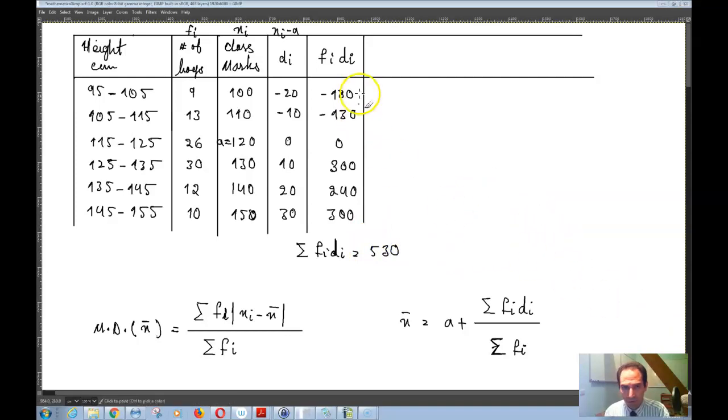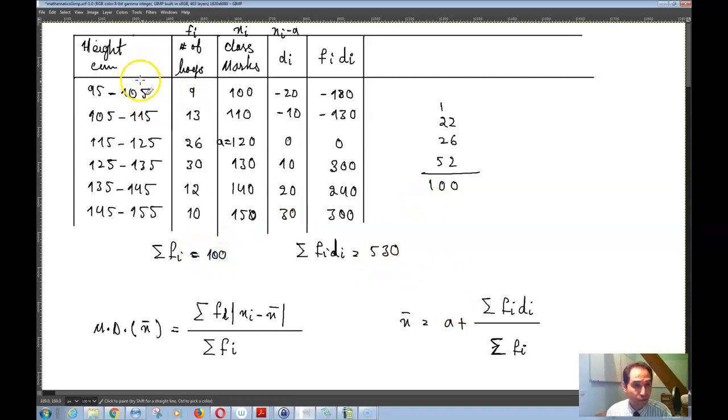Meaning if you add all of these numbers together, you will get 530. And so sigma f of i, which is this column over here, is equal to 22 plus 26, 42, 52, 6 plus 4 is equal to 10, and 5 plus 5 is equal to 10, so that's 100.